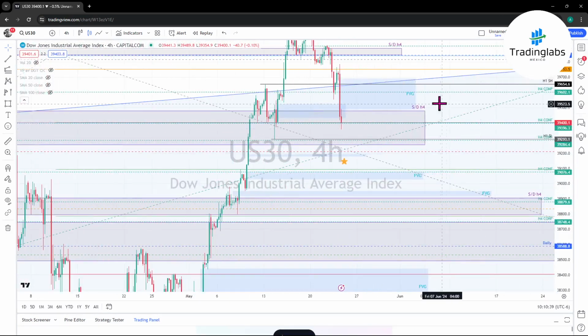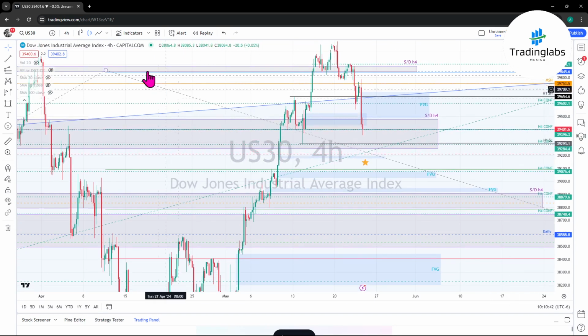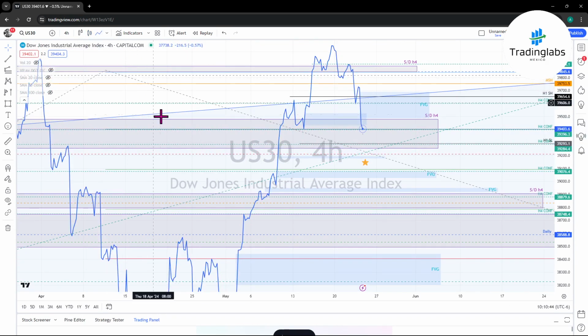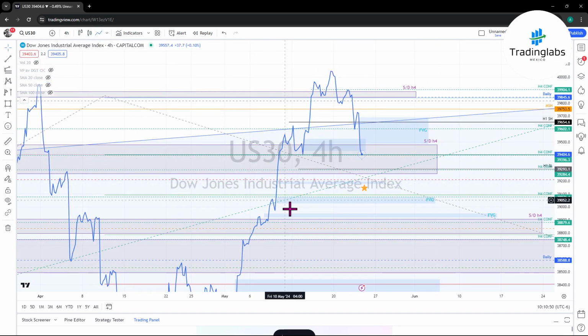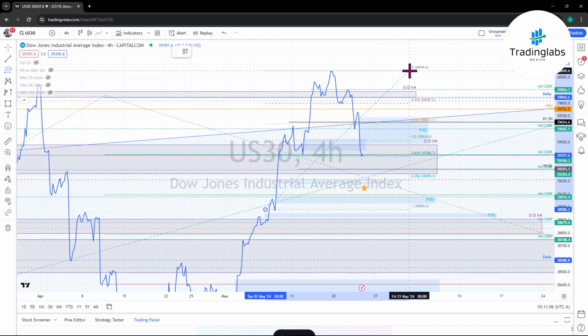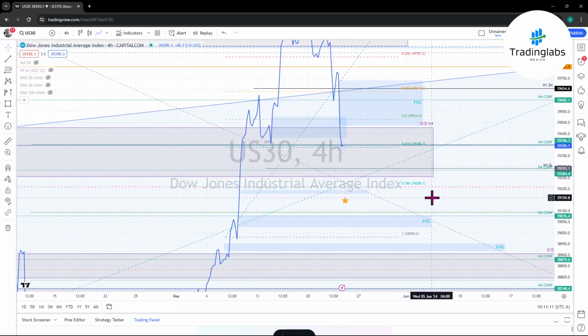So right now, what we are looking at is swing low, swing high, swing low, swing high. If this price breaks this low, maybe from this swing low, from this swing high, I could be looking for a potential long.